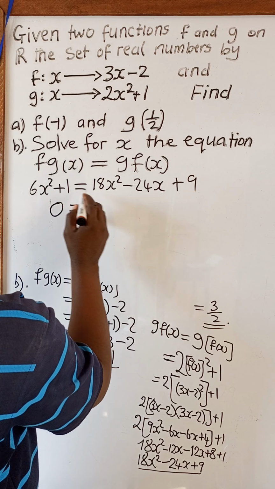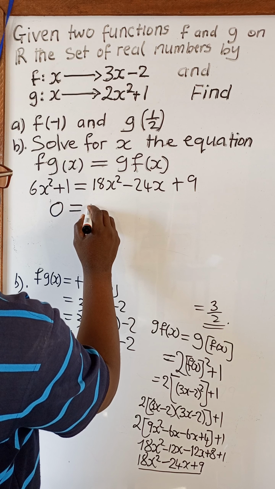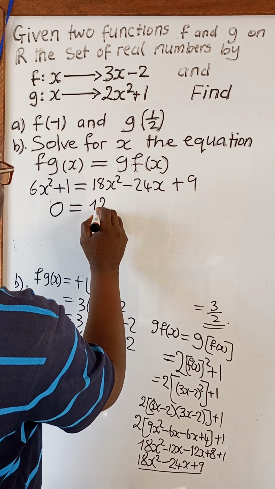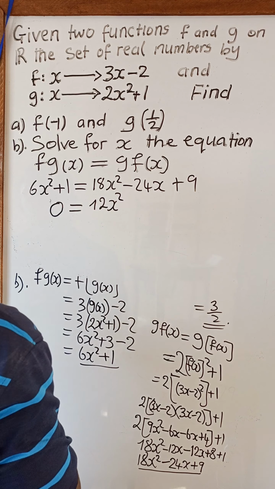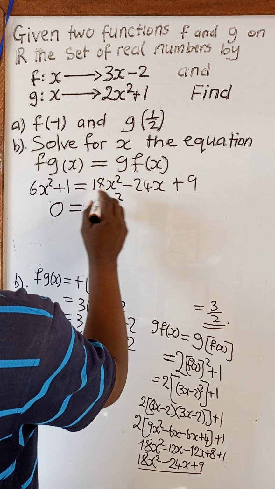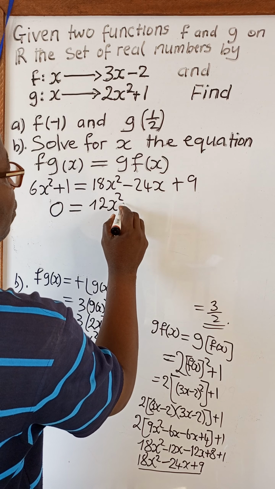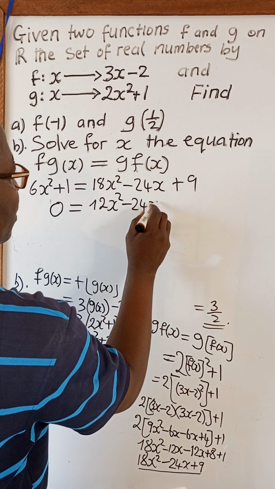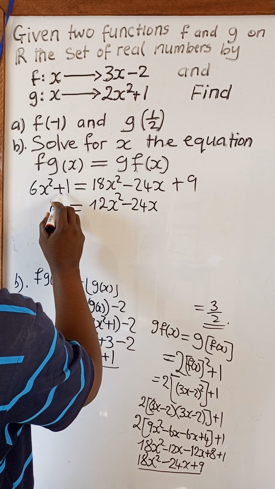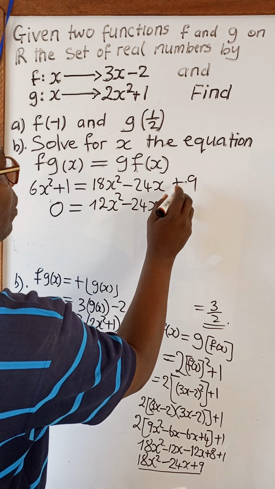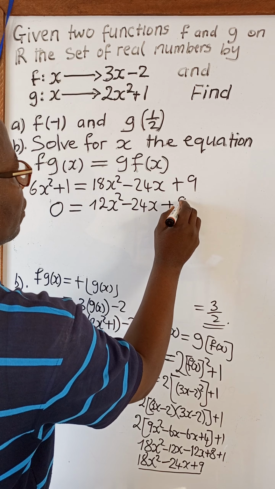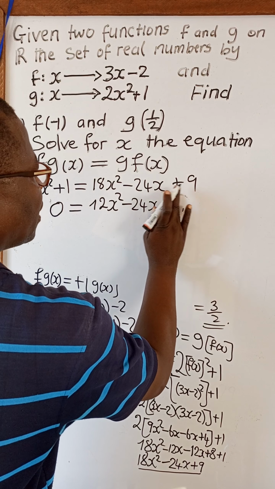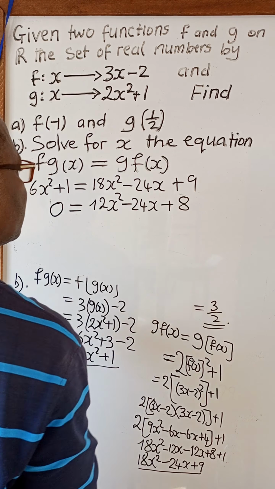So 18 minus 6, that's going to give us 12x squared. There's no x term here, so negative 24x remains. This is positive 1, taking it that way becomes negative 1. So we have 9 minus 1, that gives us 8.